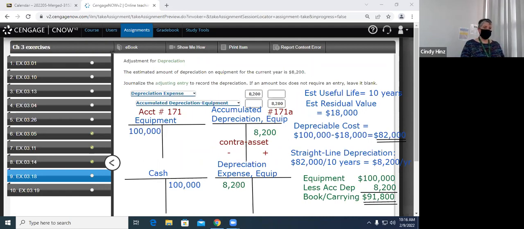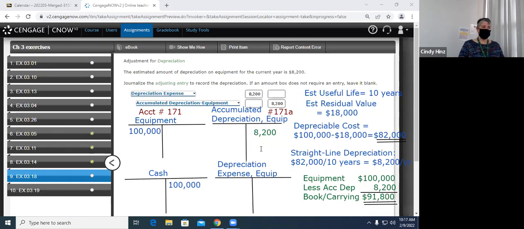Now, with what we've already discussed, we know depreciation expense is a temporary or nominal account, and at the end of the year, that would get zeroed out. The contra asset, accumulated depreciation, is a permanent account.